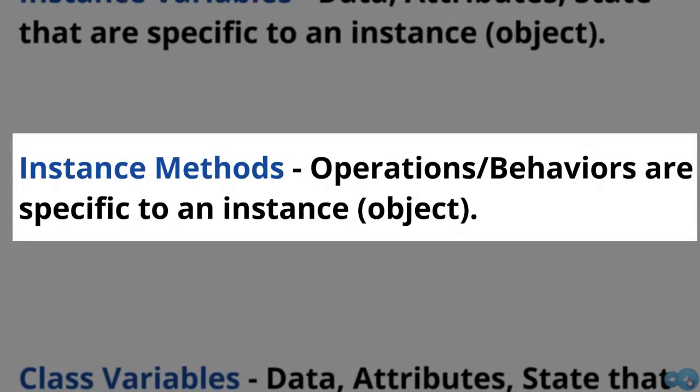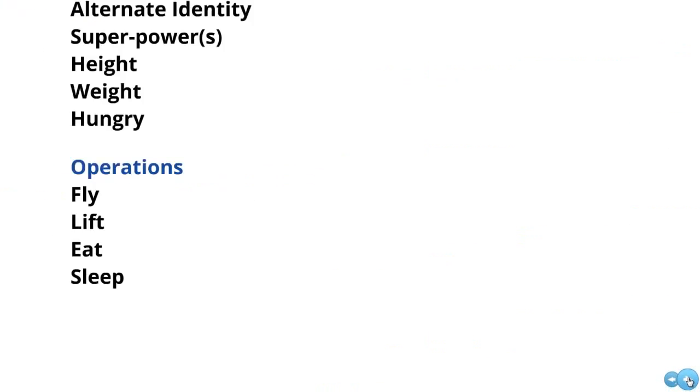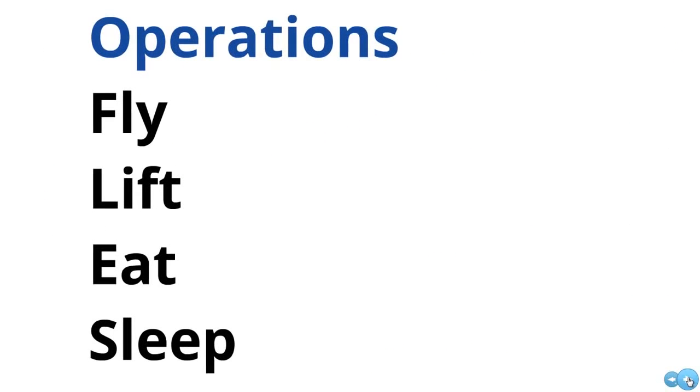And we also saw this idea of instance methods. So these are operations or behaviors that are specific to an instance of a class or an object. So again, if we go back to our superhero example, fly, lift, eat, sleep, all these things are operations that would be specific to a particular superhero.